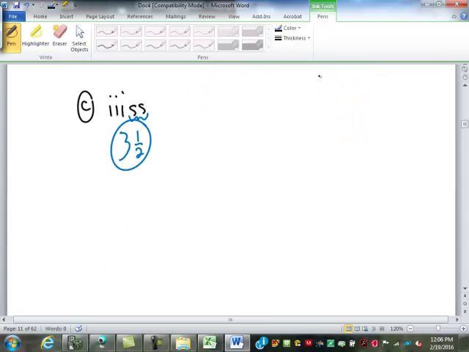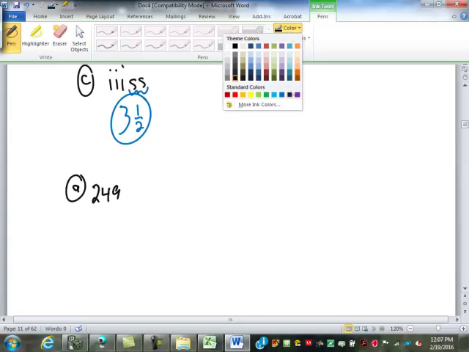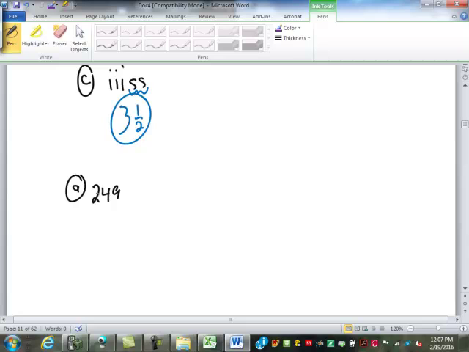The other direction? 249 into our Roman numerals. Well, 2 is 100, or 100 is C, so 2 is going to be CC. 40, I can't do a 40 because I can't do 4 X's. So I'm going to have to do XL, that's 10 from 50 to make 40.